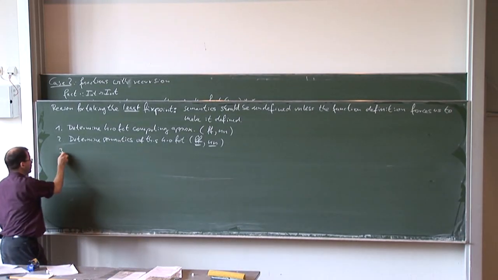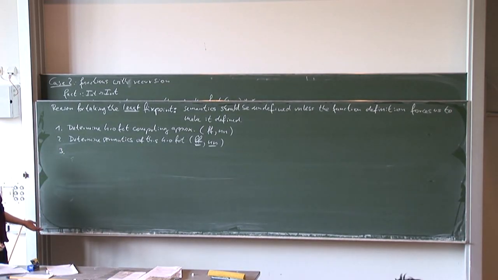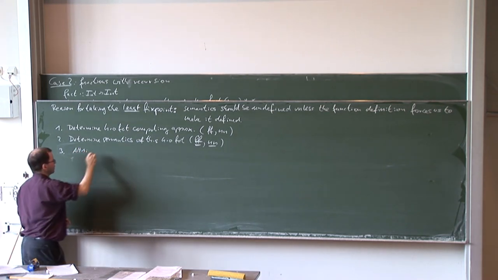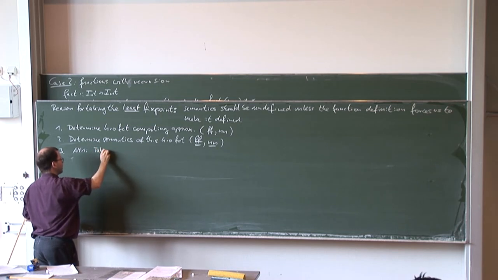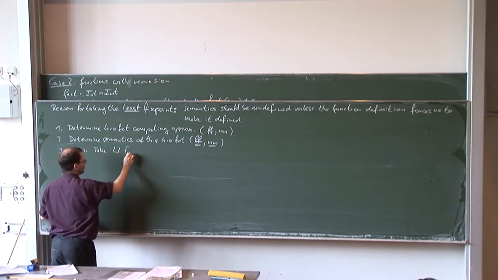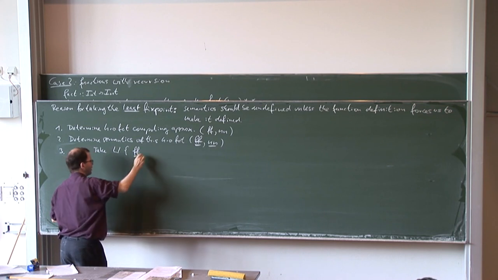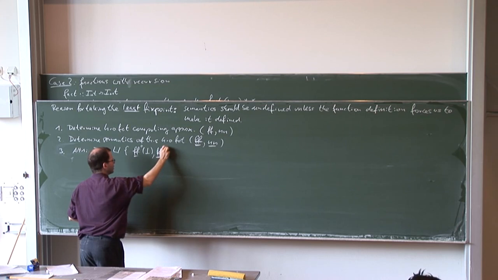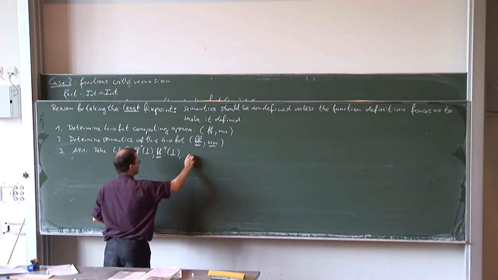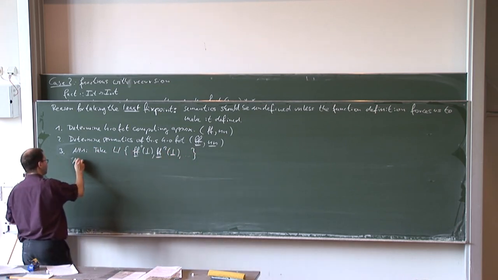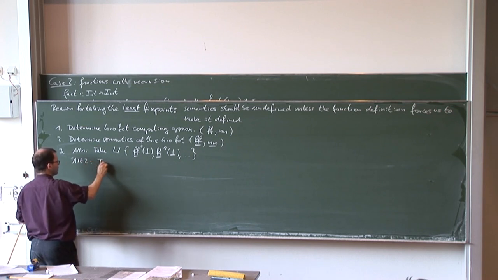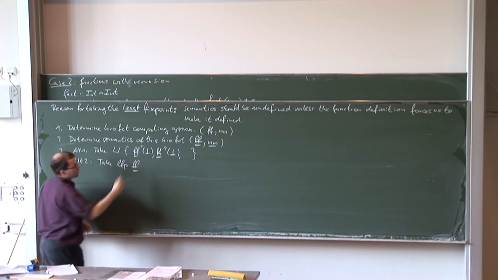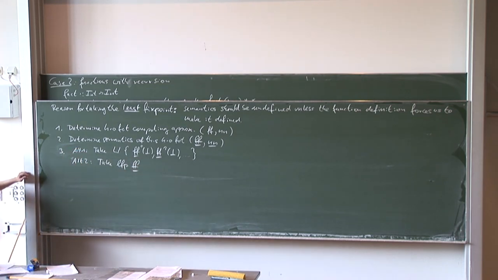And then step 3, in alternative 1, we would take the least upper bound of FF or NN applied 0 times to bottom, applied 1 time to bottom, and so on. And in alternative 2, we take the least fixed point of FF, or if we have NN, then we take the least fixed point of NN.